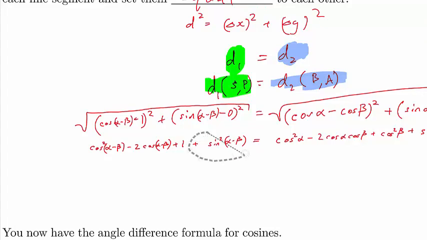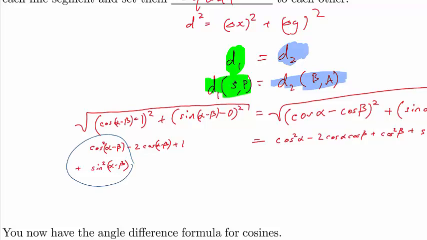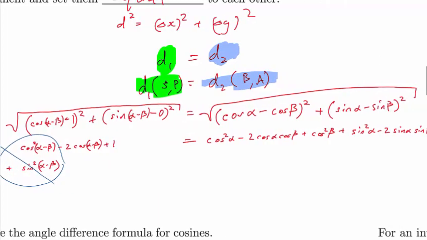Let's just move this to right here. And note what we have. That's cosine plus sine squared. What is that going to be? That's going to be 1.